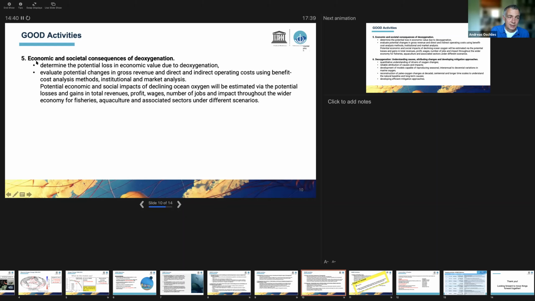One activity is centered on economic aspects. So this is basically a worldwide connected fishery economy that has a huge impact even on coastal communities in remote places.